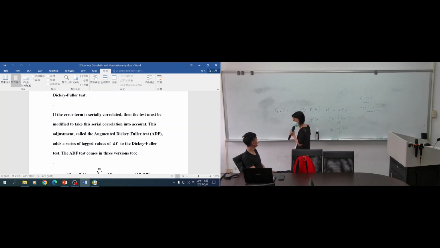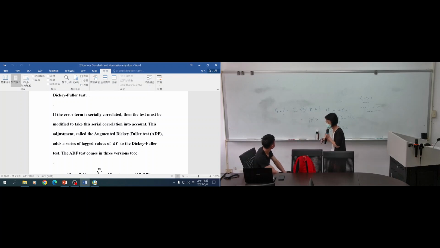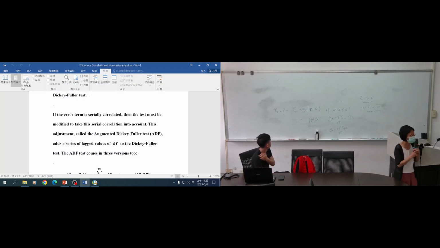We use the LM test to check for the serial correlation, right? So if the error term is serially correlated, then the test must be modified to take this correlation into account.